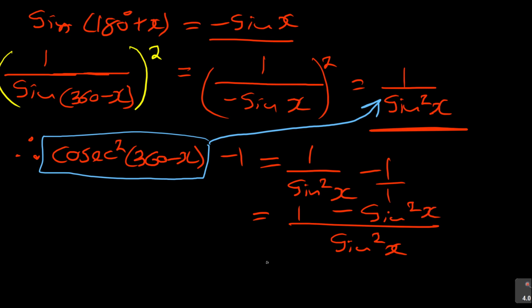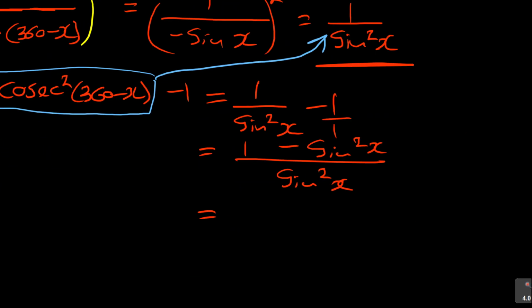See this, which is cool. So what is 1 minus sine squared x? You remember that part, cos squared x plus sine squared x. Remember, this is equal to 1.